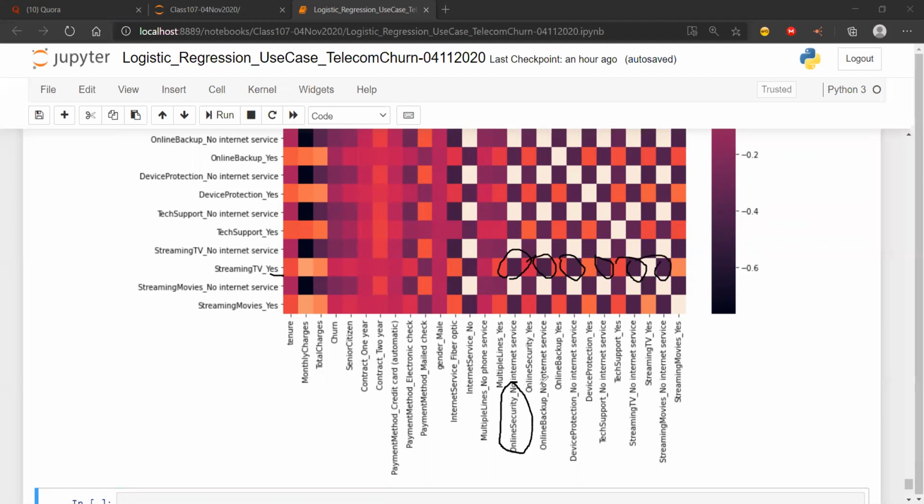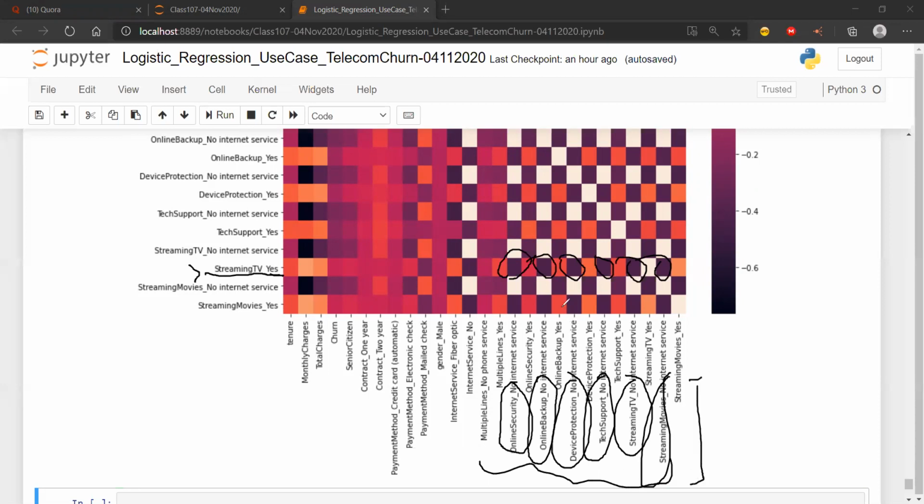So online security no, online backup no, device protection no, tech support no, streaming TV no, and streaming movies no, right? So either I can remove this feature or I can remove these 6 features. But what I would strongly recommend doing is removing these features, because I could see this pattern is repeating for each and every variable.